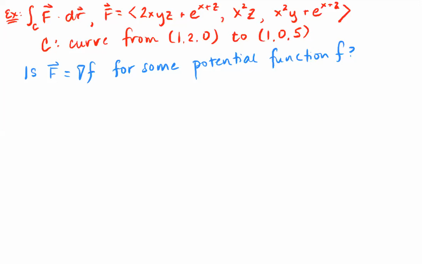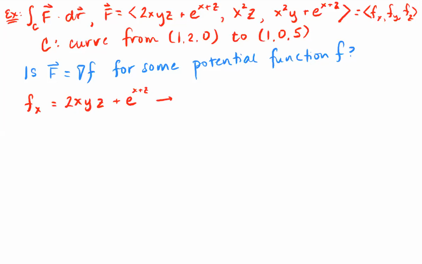I pick one of the derivatives. Remember, this is partial x, partial y, partial z. I'll just start with partial x, but you can start with any one of them. Partial x is 2xyz + e^x + z.